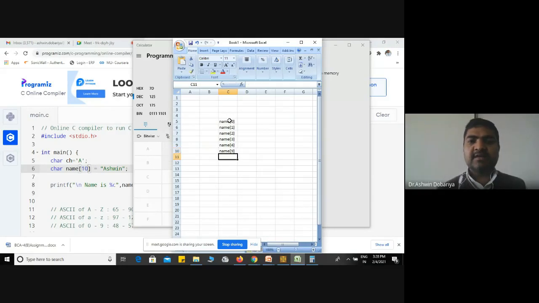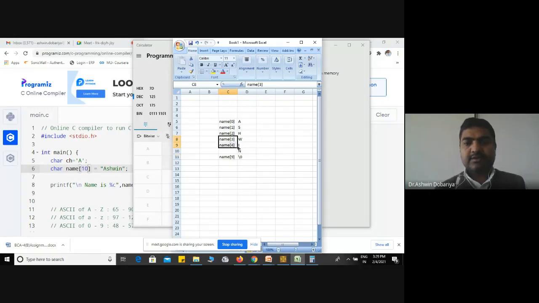Why is it 9? Because the index always starts with 0. So a total of 10 bytes are occupied in that way. And Ashwin is stored like that: the first is A, S, H, W, I, N, and the last is the null character. Every string ends with null, right?